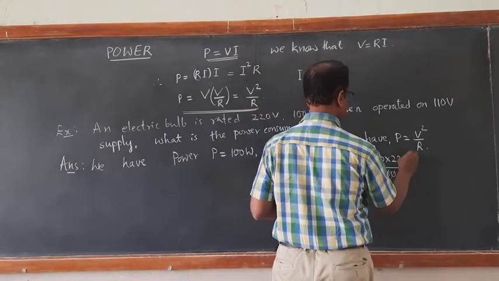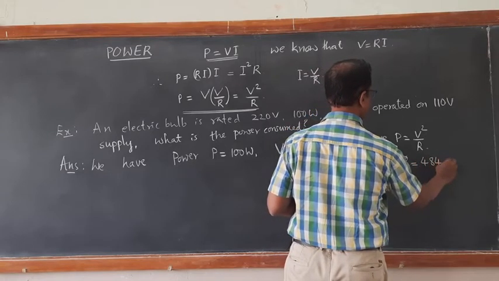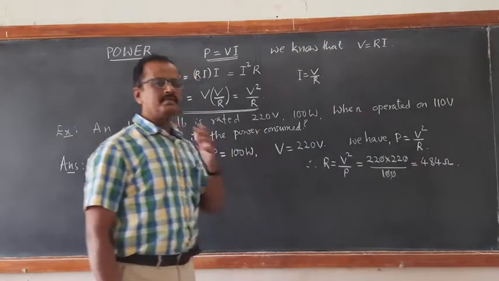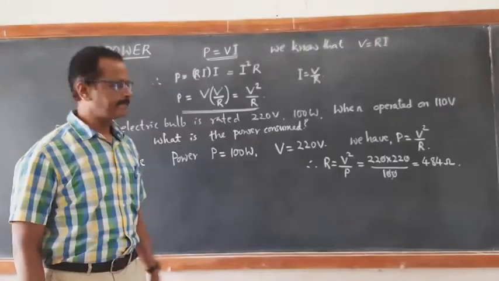So if you cancel two zeros, it becomes 484. 484 ohm is the resistance. That resistance of the bulb filament remains the same.